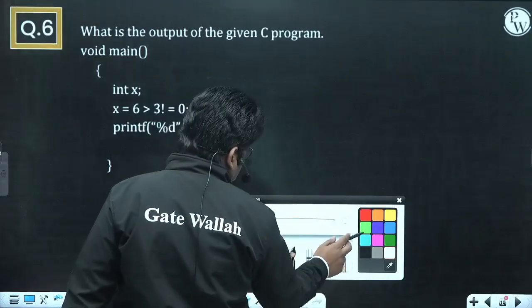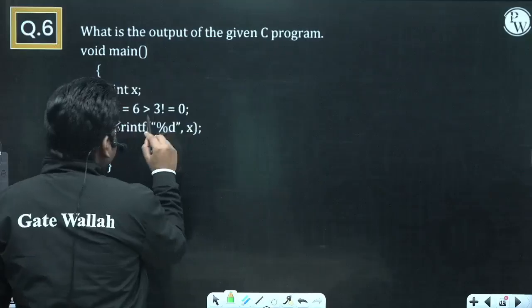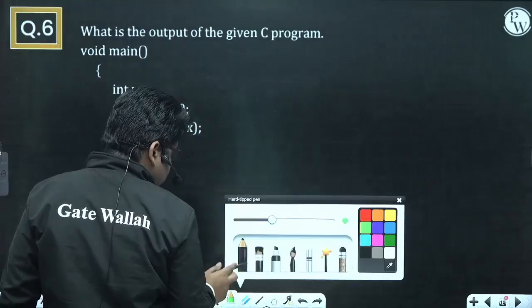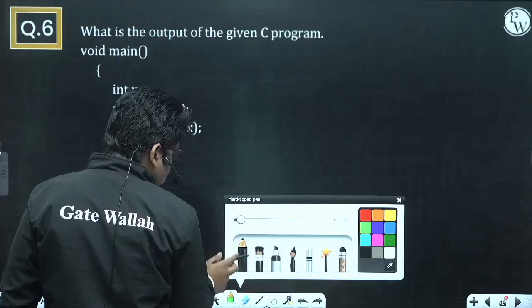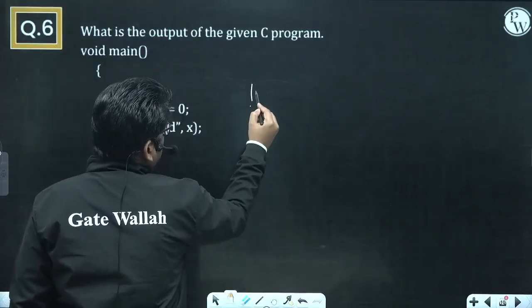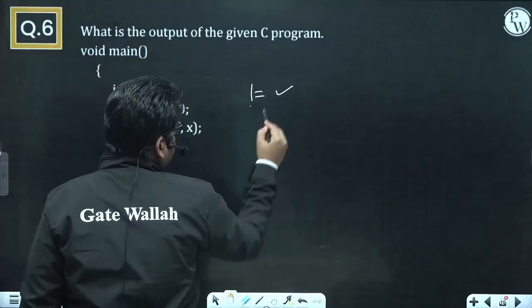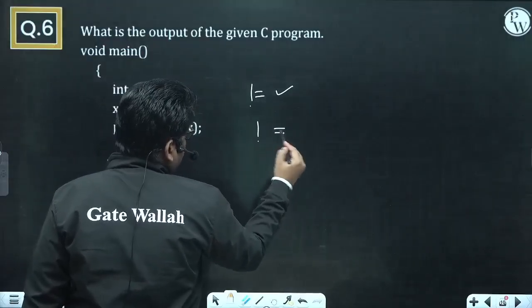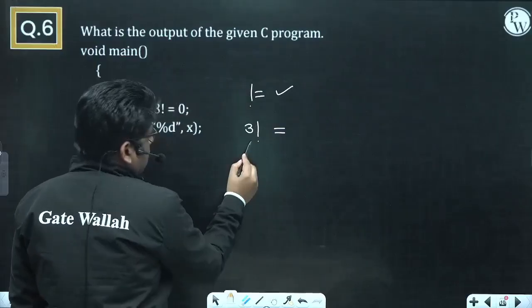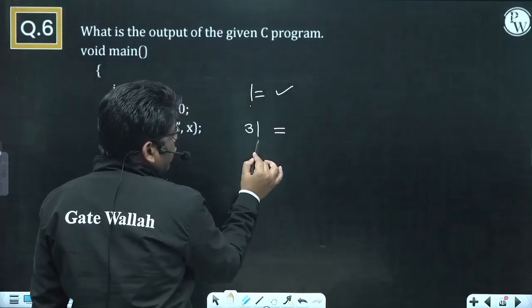See, there is no space between not and equal to. If you put a space between not and equal to, the compiler will not understand, because for the compiler this becomes a unary operator.